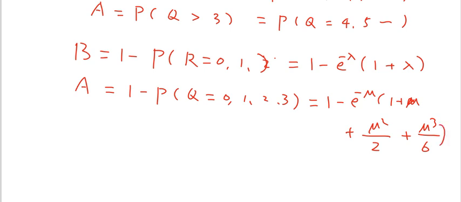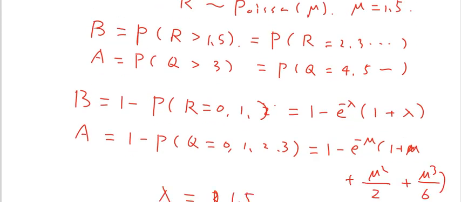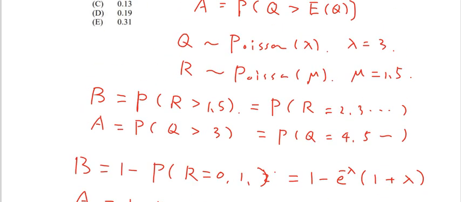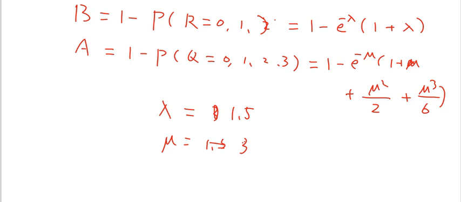So just plug in. Lambda equals 3, mu equals 1.5. I got confused, but yes: lambda equals 3, mu equals 1.5.